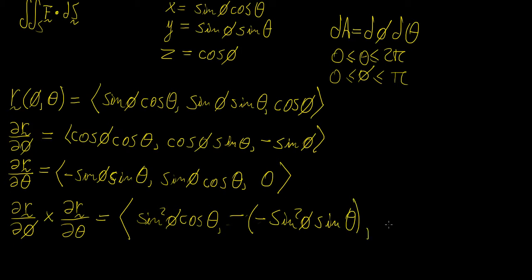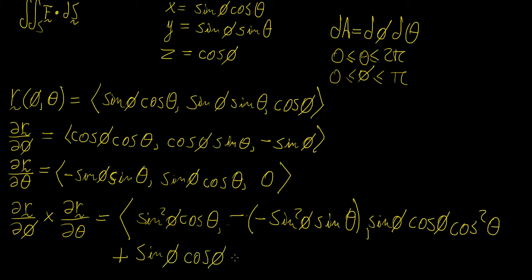And now for the last one, we're going to have sine phi cosine phi cosine squared theta. And then minus this, so we're going to have minus. This becomes plus sine phi cosine phi sine squared theta.